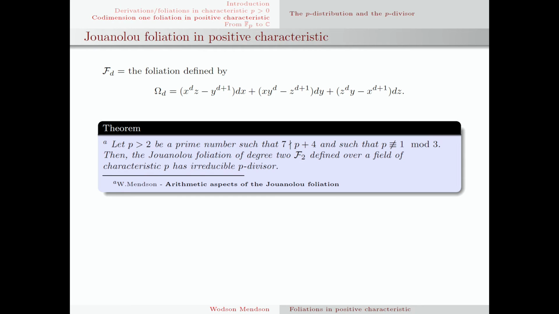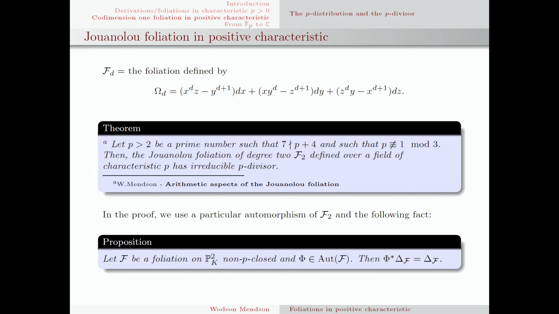So I did some work in the Jouanolou case. The Jouanolou foliation is defined by this projective 1-form here. And we have this result: if you assume some arithmetic conditions here, then the Jouanolou foliation of degree 2 has irreducible p-divisor. In particular, we have just one solution in characteristic p.